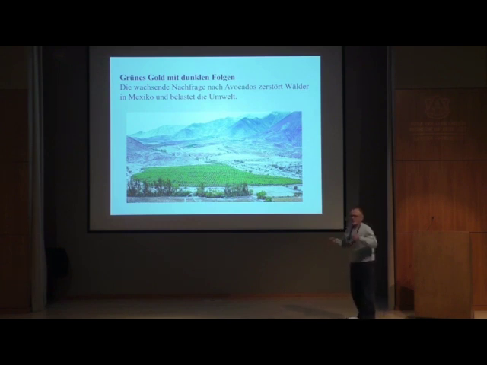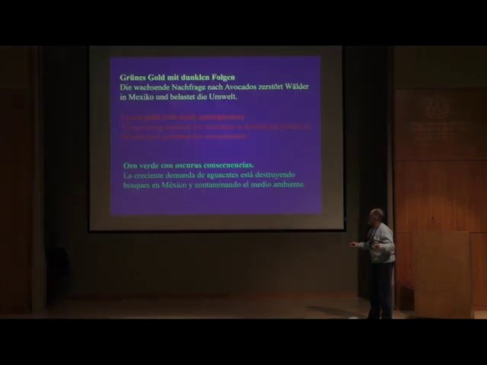They're literally obliterating the ecology of the place. And again, money talks. Here's the translation, at least my translation, okay? Green gold with dark consequence. The growing demand for avocado is destroying forests in Mexico and polluting the environment. All right?